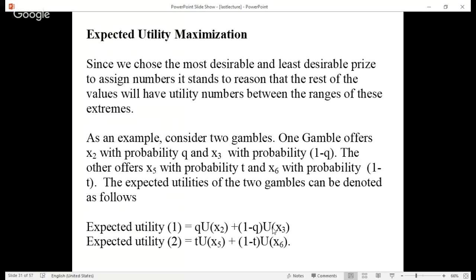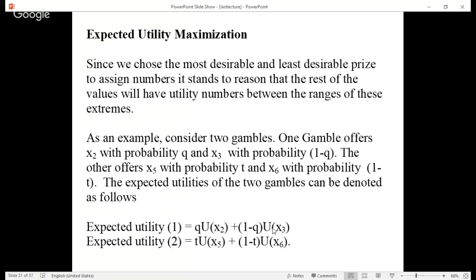Okay, now what we're going to do is we took the game and we changed it. We took away all the other prizes except the top and the bottom. Now we're going to start adding back in the middle prizes and play the same game with middle prizes. So I'll start with 2 middle prizes, call it x2 and x3.